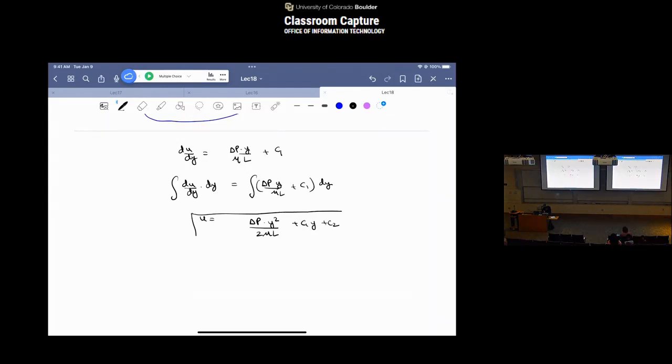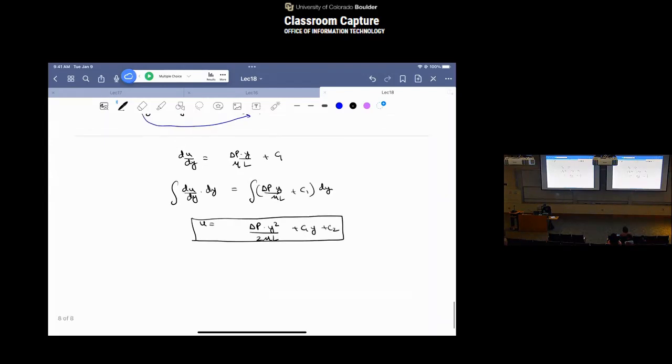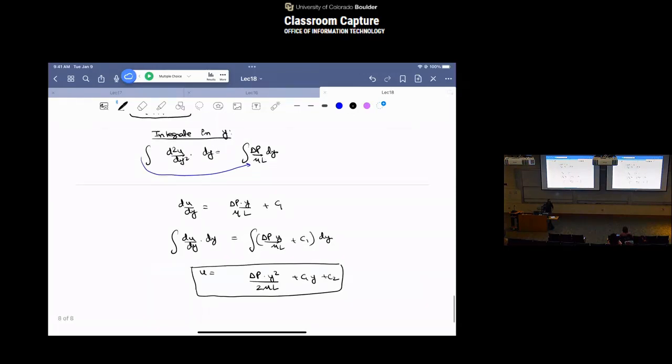Don't worry, I know this is a little bit of math pretty fast. If you are not as used to some of the integrals, you can do this very easily yourself, and you will be able to get to this point, delta p y squared by 2 mu L plus c1y plus c2, and then you apply boundary conditions to find c1 and c2.